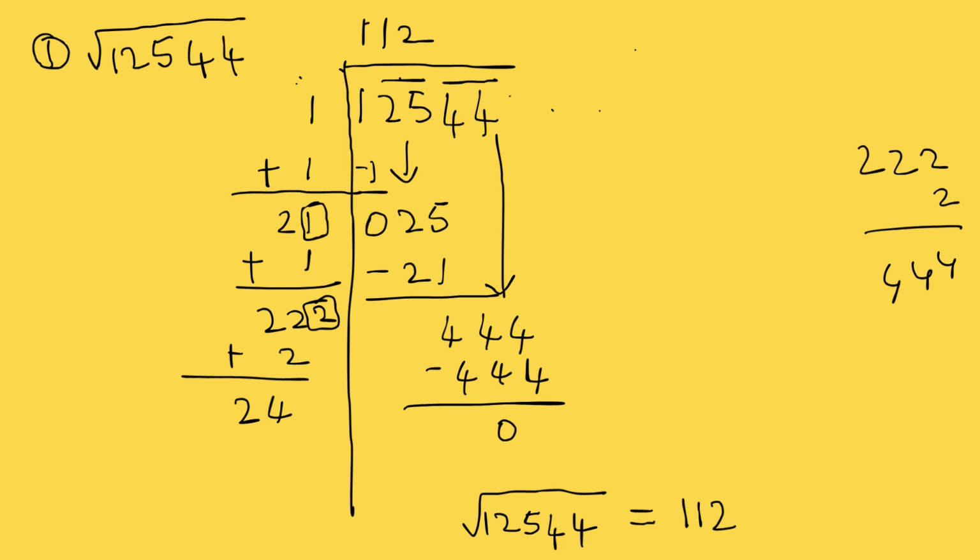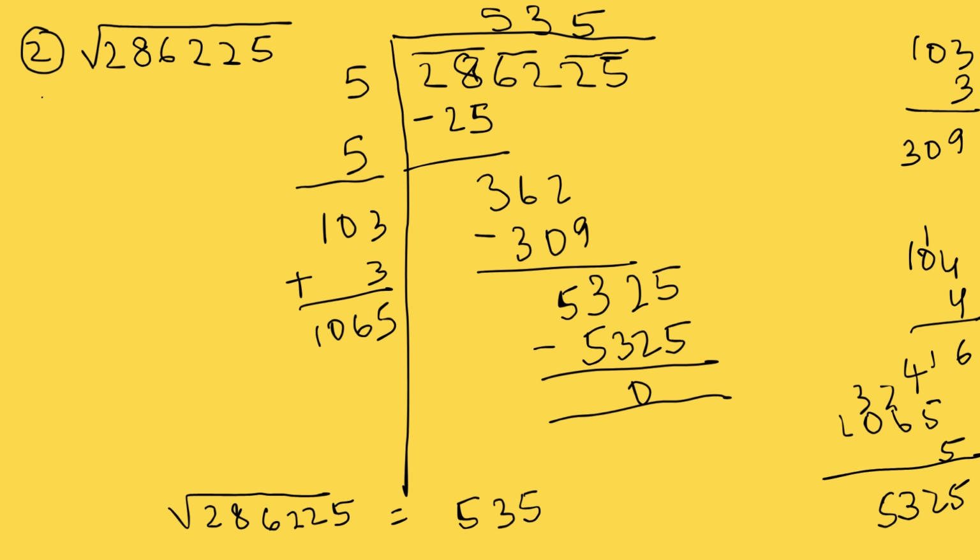Since we have placed the number 2 next to 22, we will put that as the quotient and we will multiply 222 by 2, which will give you 444. And now we will subtract 444 from 444, giving you 0. So the square root of 12,544 will be 112.